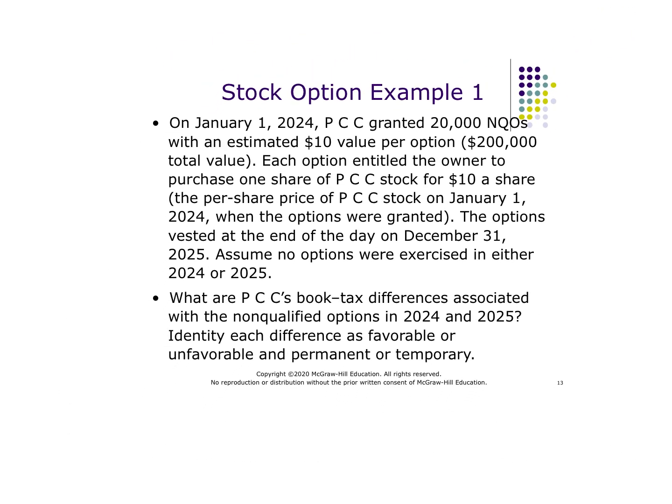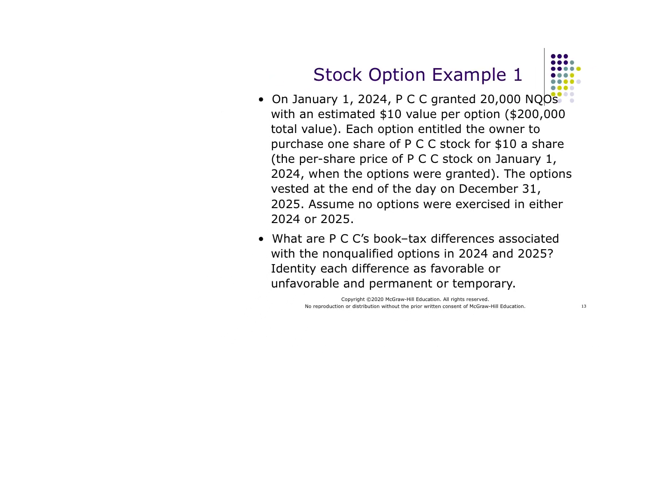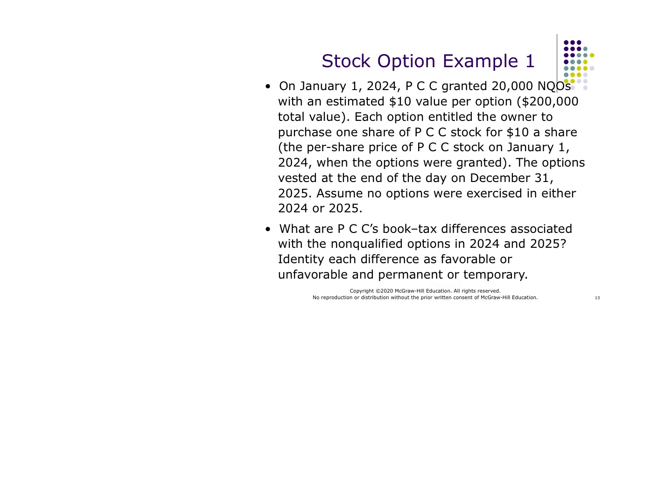All right, so let's look at our example here, and I'm going to make it a little bit smaller so I can do some writing. Let's look at this problem. On January 1st of 2024, this company granted 20,000 non-qualified stock options with an estimated value of $10 per option. Each option entitled the owner to purchase one share of stock for $10 a share.